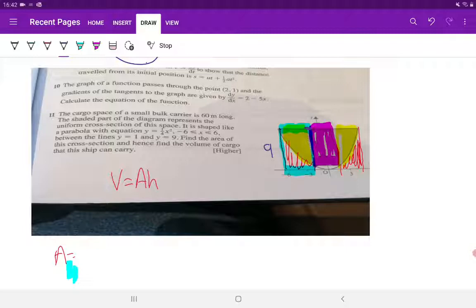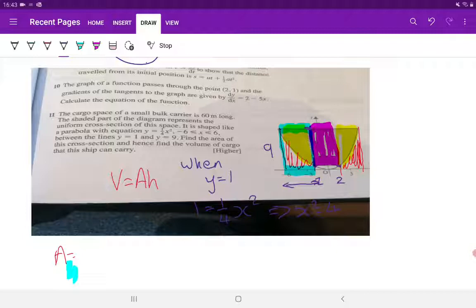And the distance across the way, well, what happens when y equals 1? When y equals 1, 1 is a quarter of x squared, so x squared is going to be 4. So these points here are going to be 2 and minus 2.